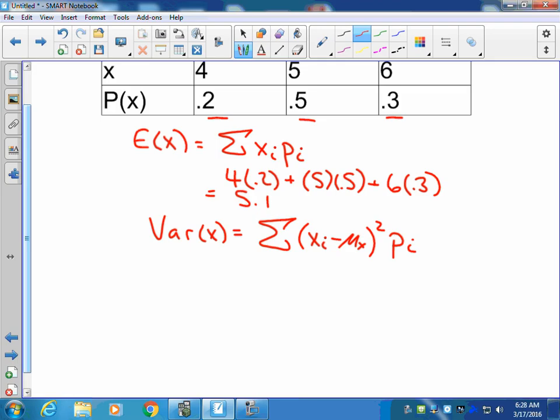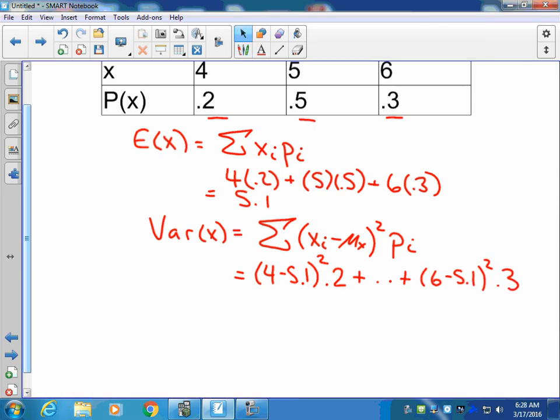So if we're looking at our distribution here, once again, we're finding variance first because we have to do that first step. X value of 4 minus our mean value of 5.1 squared times the first probability, and then we kind of continue on through the process. You don't have to write out every step, but we're always looking for the pattern of that value.